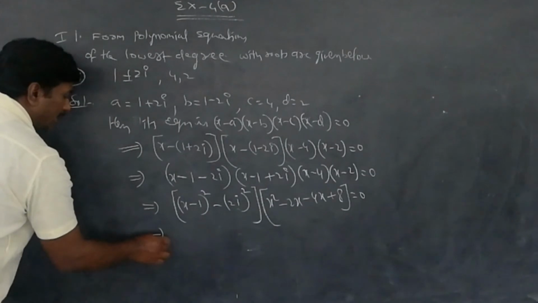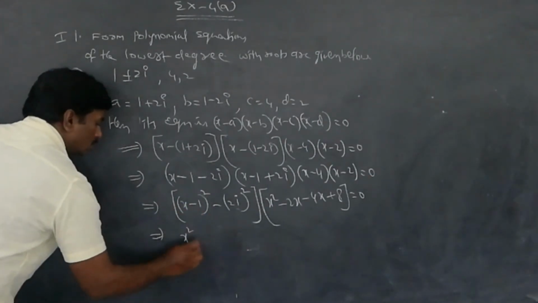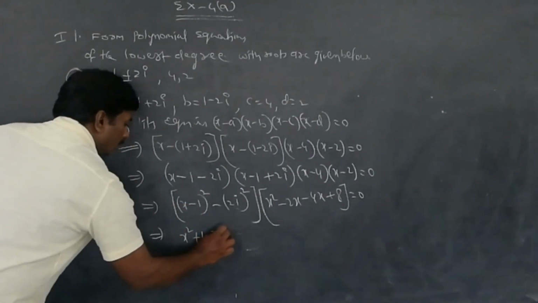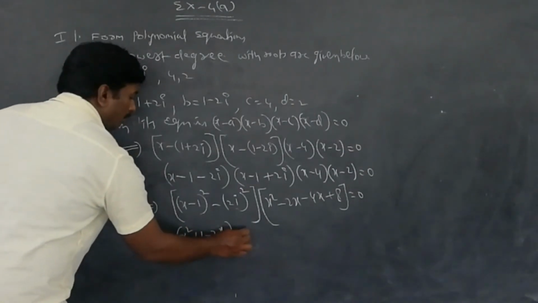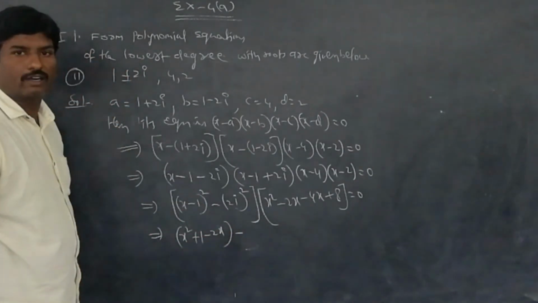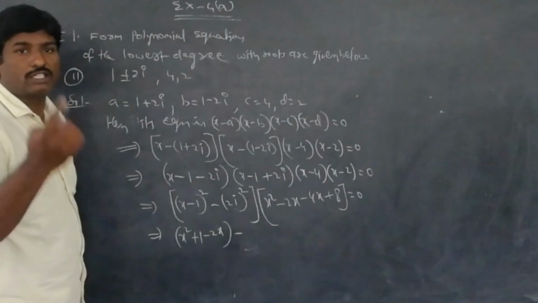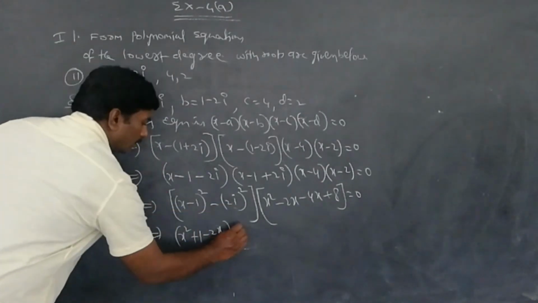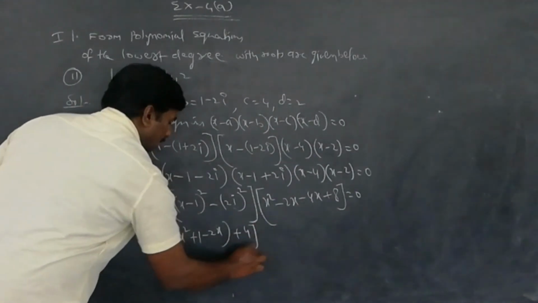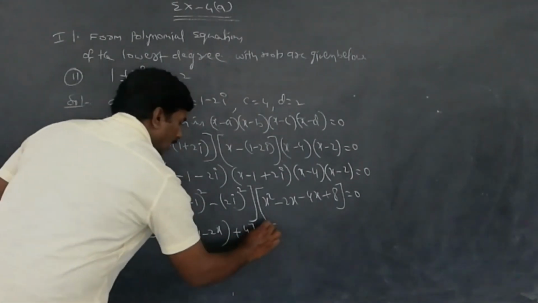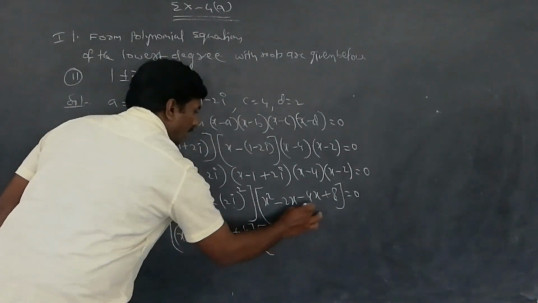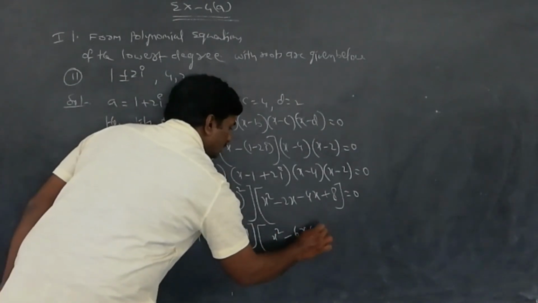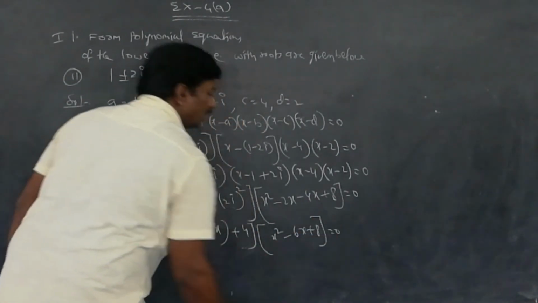So again simplify this: x minus 1 whole square minus 2i whole square. 2i whole square means 4i square, and i square value is minus 1. So minus into minus 4 gives plus 4, into x square minus 6x plus 8 equal to 0.